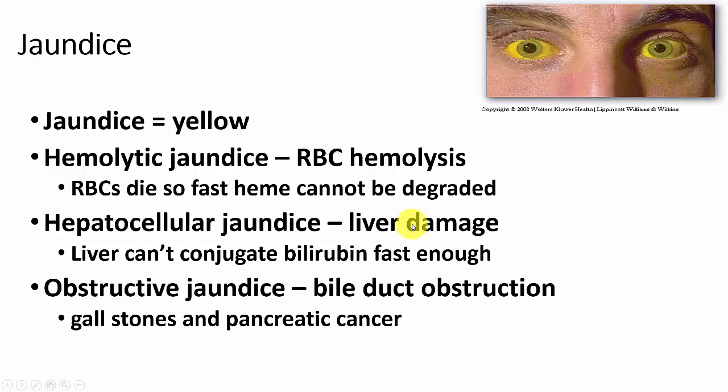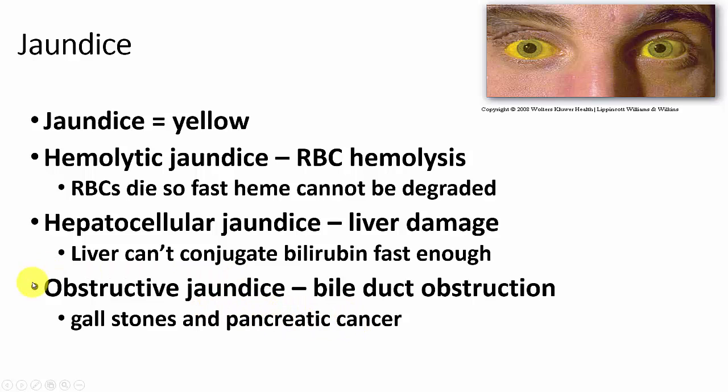Hepatocellular jaundice is liver damage, such as in hepatitis or cirrhosis of the liver. The liver can't conjugate bilirubin fast enough. And then obstructive jaundice, where you have a bile duct obstruction. You might have gallstones or pancreatic cancer putting pressure on the bile duct, so that the bile can't get out of the liver.